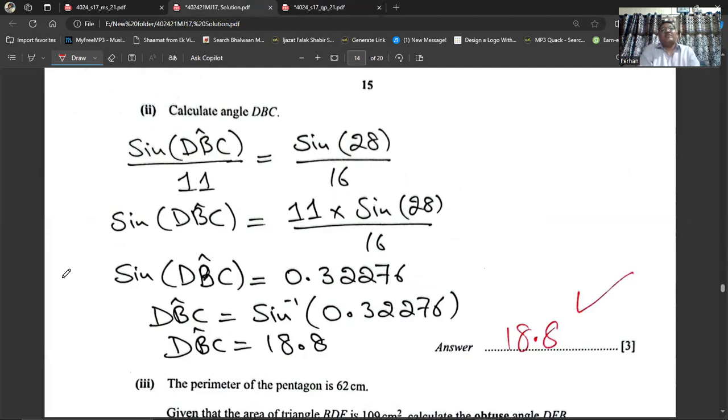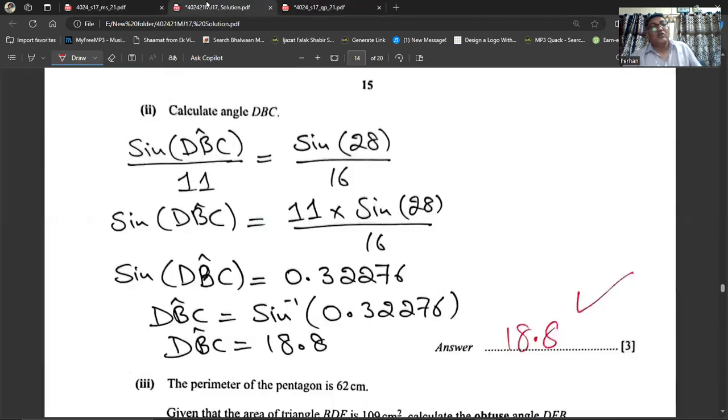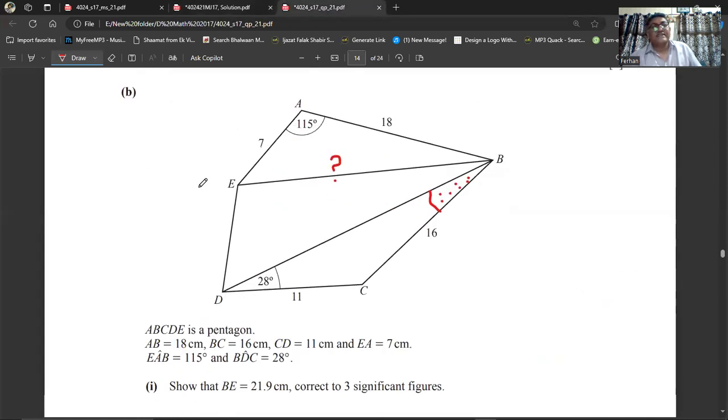So sine DBC will be equal to 11 multiplied by sine 28 divided by 16, you will get 0.32276. Then take sine inverse of 0.32276 and that will be 18.8. So the angle DBC is 18.8, or you can say 19 degrees. This is the solution. I hope you understand.